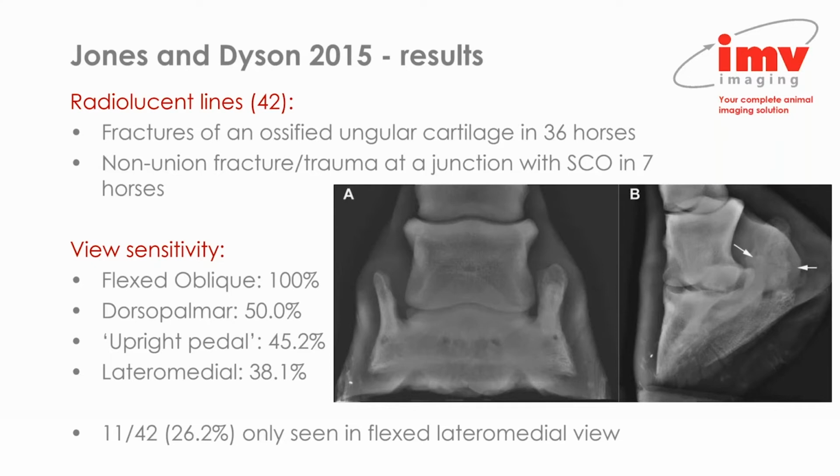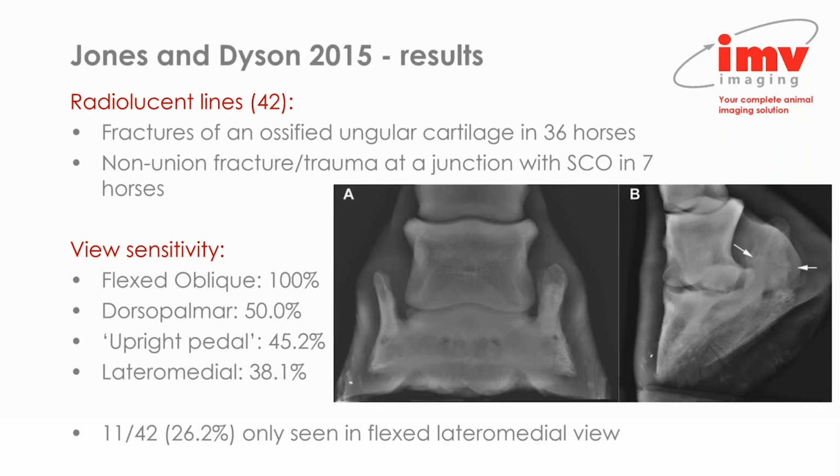Fractures were confirmed to be present in 36 of those horses. The further 7 were potentially either non-union fractures or trauma at a junction between a separate centre of ossification, which was in close apposition to ossification from the base. So I've just discounted those 7 and we'll just look at the 36 which definitely had fractures.